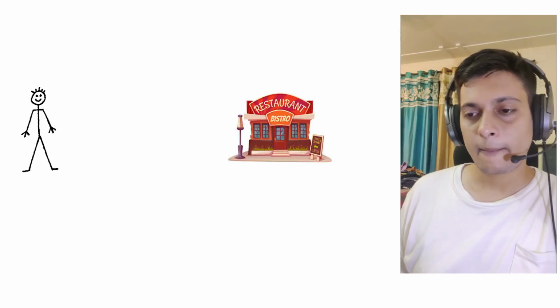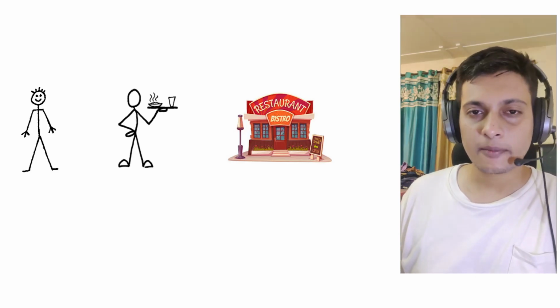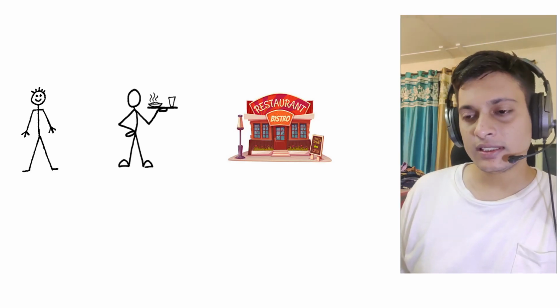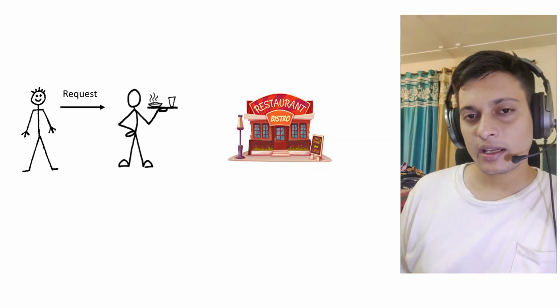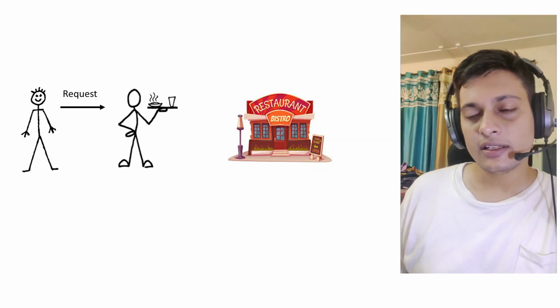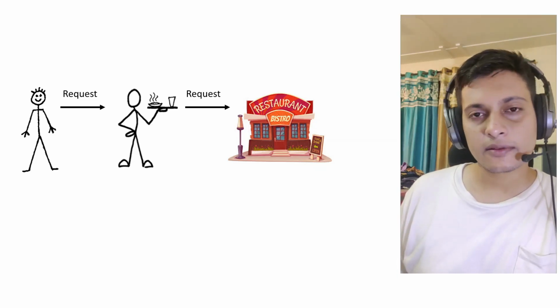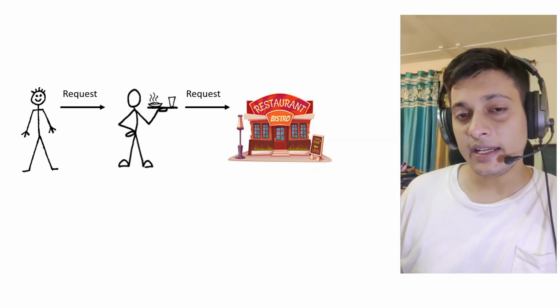So, what will be our basic approach? Again, I want to eat something and I'm going to the restaurant. Between the restaurant and me, there is one waiter. I will request the waiter that I want to eat a sandwich, and the waiter will take my request to the restaurant. The restaurant will validate the request.